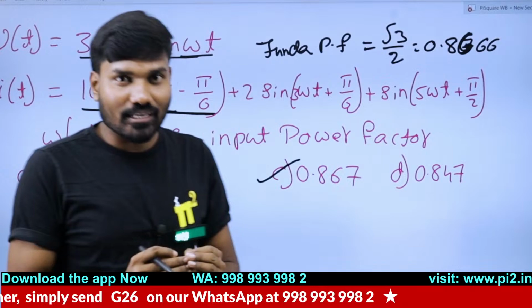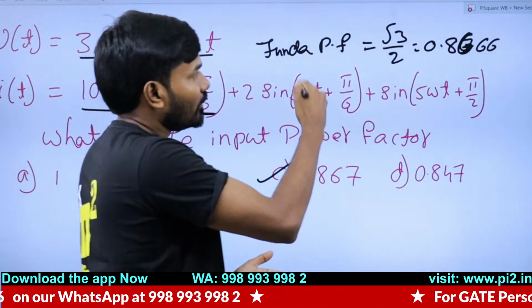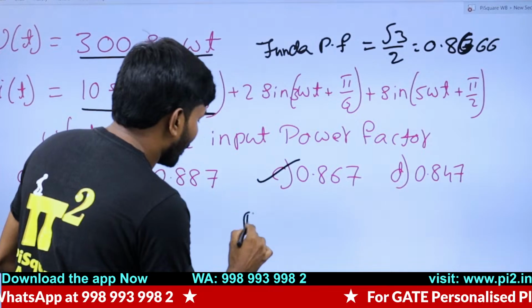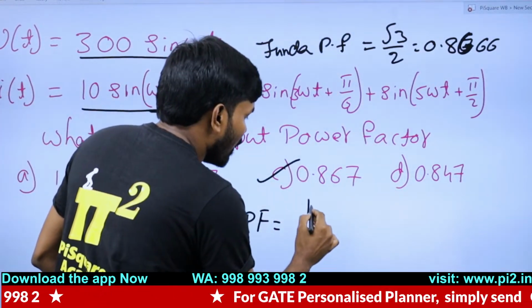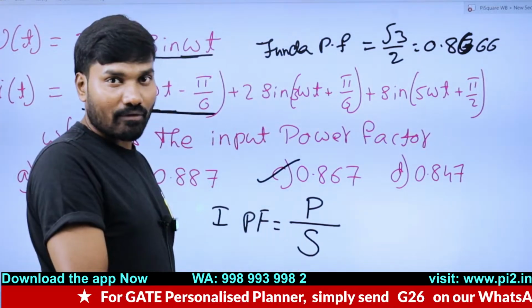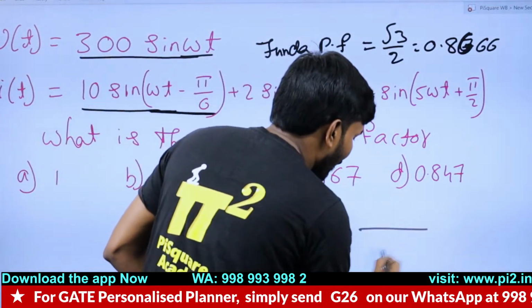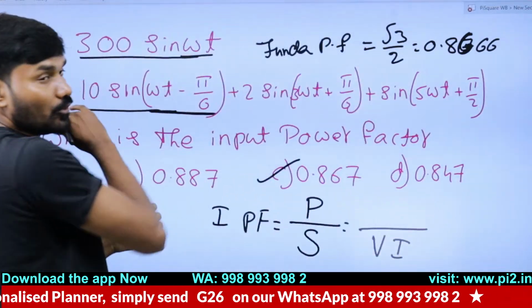So if you know that, you don't have to calculate the input power factor using formulas. There are different formulas: real power divided by apparent power. For the apparent power, it is the voltage RMS value times the total current RMS value.